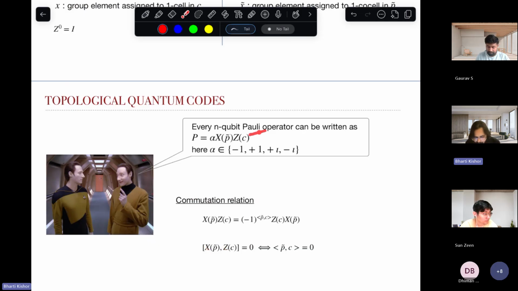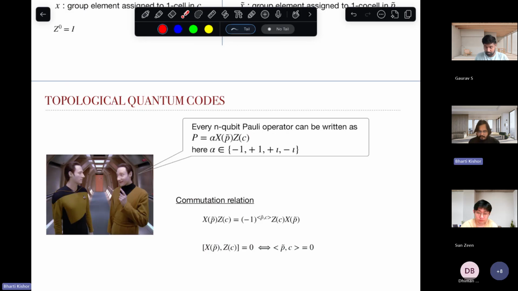Every n-qubit Pauli operator can be written as alpha X Z, where alpha can be +1, -1, iota, or minus iota. So let's say you have XZ. It is either ZX or minus ZX; either they commute or not, depending on what kind of X operator and Z operator you have taken.